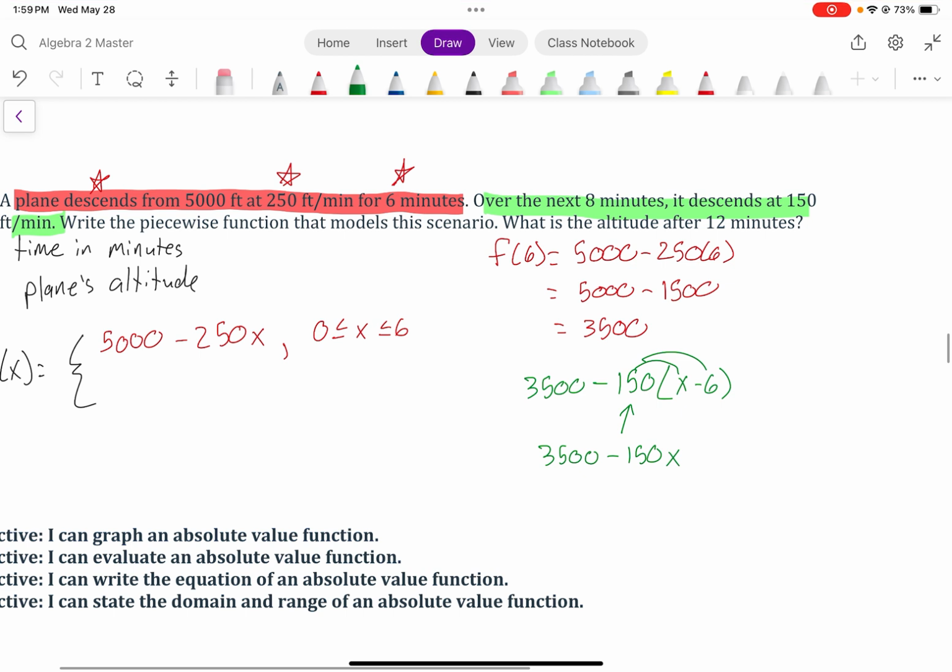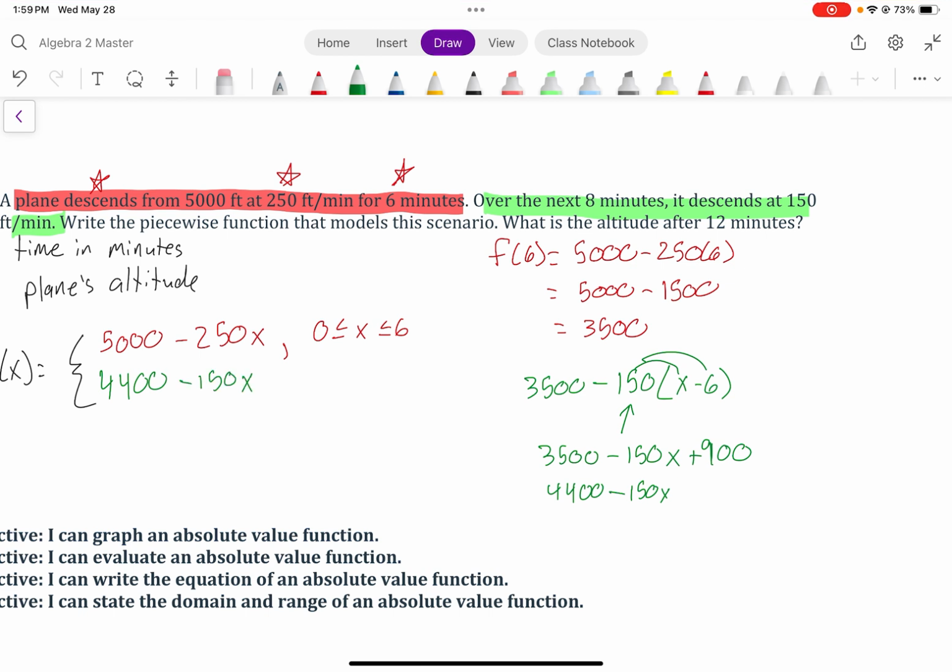I am going to get a minus 150x, but I'm also going to get a plus, well, 150 times 6 is going to be 300 times 3, 900, plus 900. Okay, and that's going to give me 4,400 minus 150x, and that's what's going to go in here.